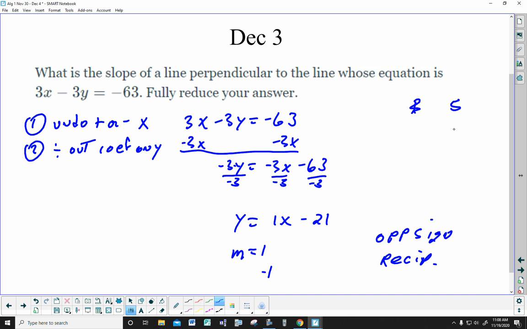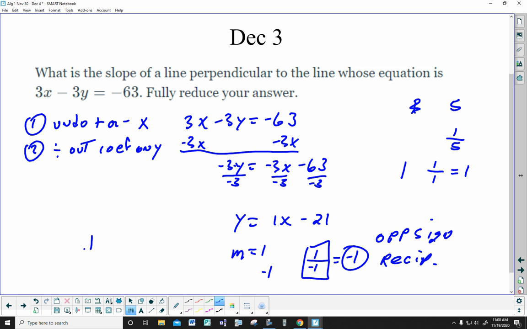The reciprocal is I'm going to take that number and write it underneath 1. So if your slope was positive 1, the reciprocal is still 1. The reciprocal of negative 1 is 1 over negative 1, which is negative 1. Don't write your answer like a fraction. It'll mark it wrong. It needs to be written as negative 1.